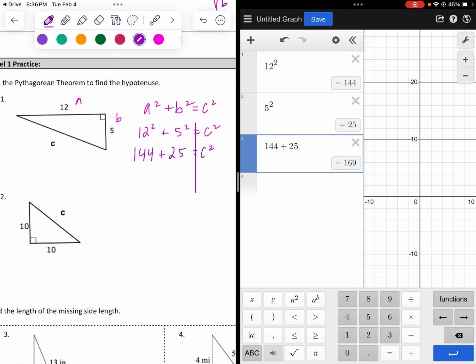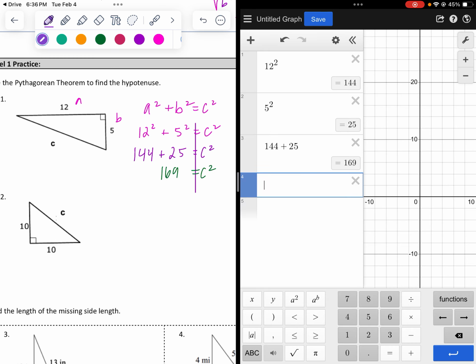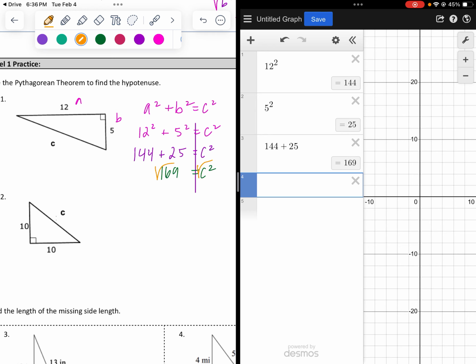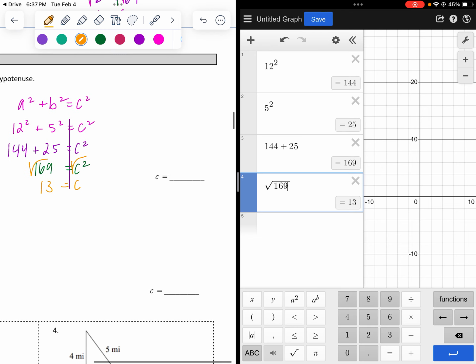That gives me 169 is equal to c squared. My last and final step is I have to take the square root of both sides. So I'm going to take the square root of 169, and that gives me c is equal to 13. So I found my c.